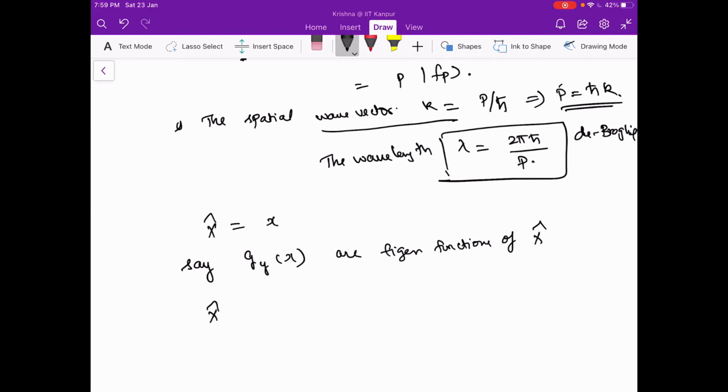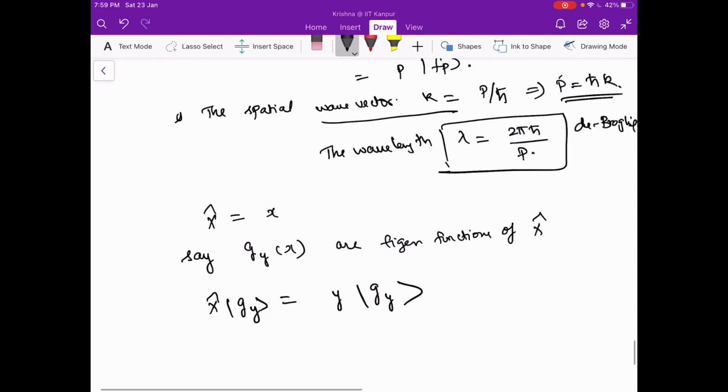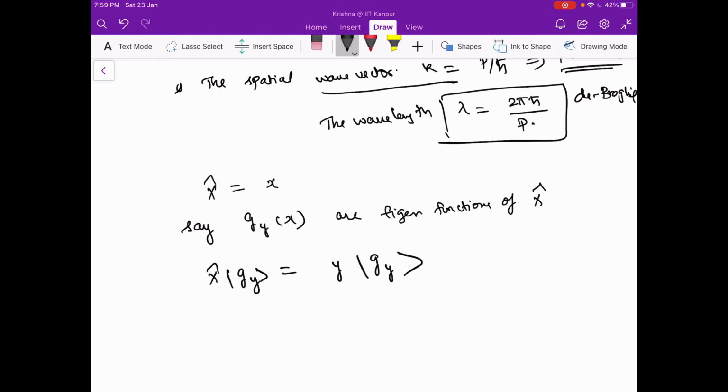So x hat acting on gy will give me y gy, y being the eigenvalue, and obviously x hat acting on gy, which is x acting on gy, is equal to y acting on gy, right?